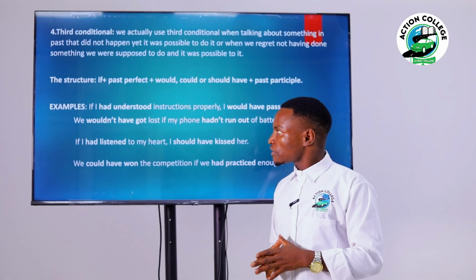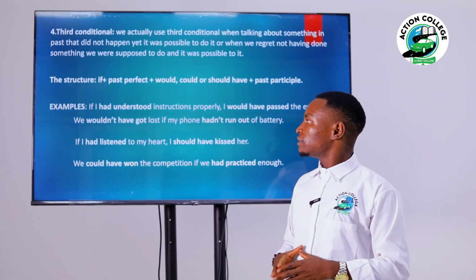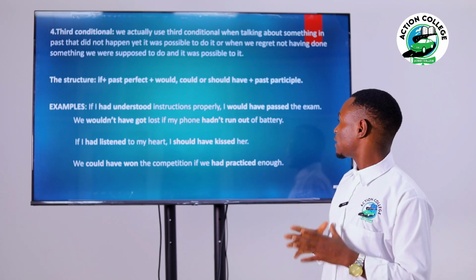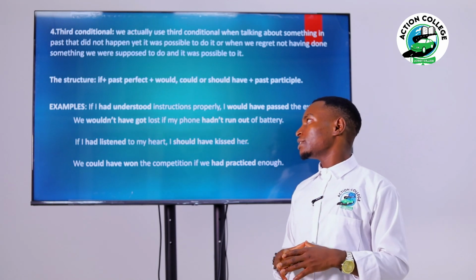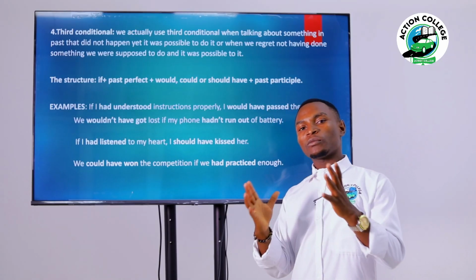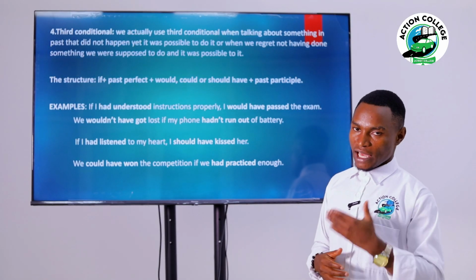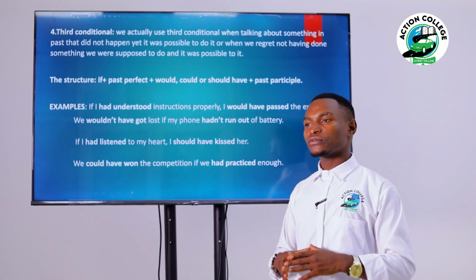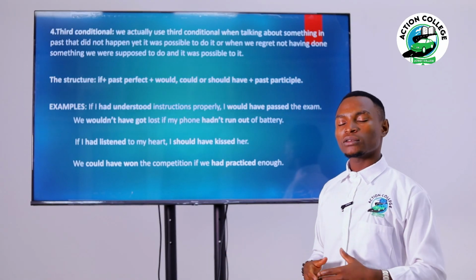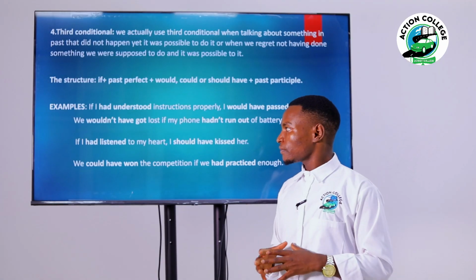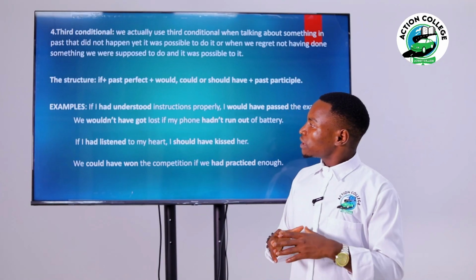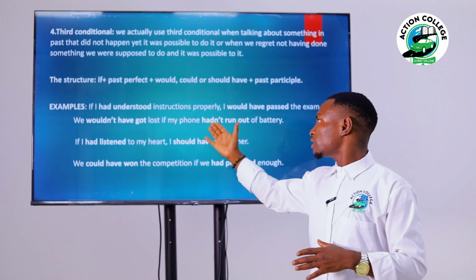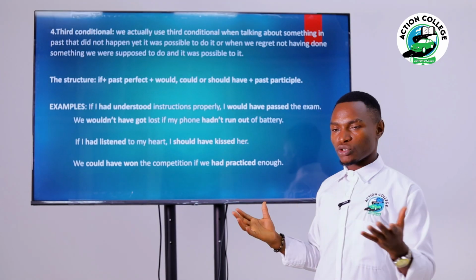Let's look at examples. If I had understood the instructions properly, I would have passed the exam. It means here, I regret not having understood the instructions well. We wouldn't have got lost if my phone hadn't run out of battery.